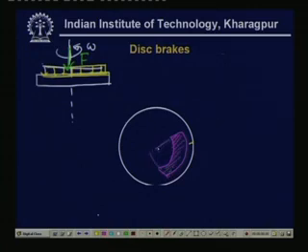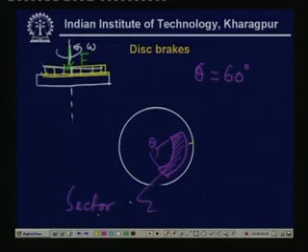Where this is theta, which is roughly 60 degrees. This is the sector, so this is a sector type brake pad.